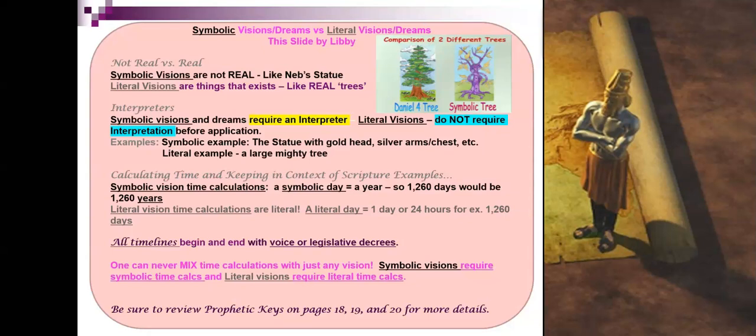Charlene, would you repeat what she shared? I'll let Sharon repeat it. When you have real or not real, symbolic and literal, are they ever intermingling or are they always separate? Okay.